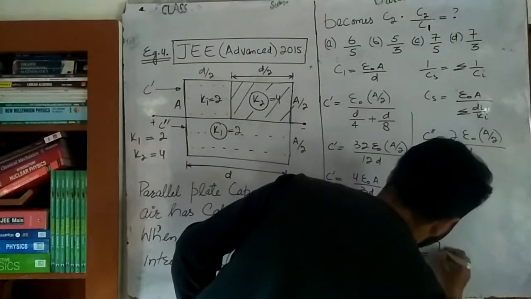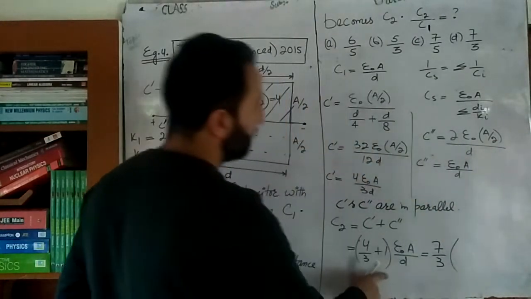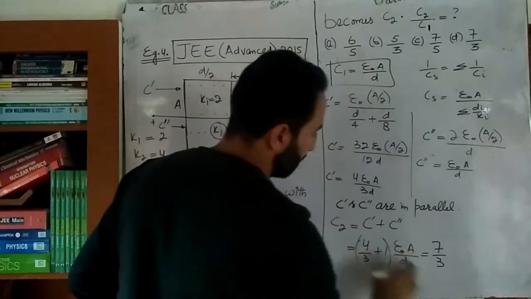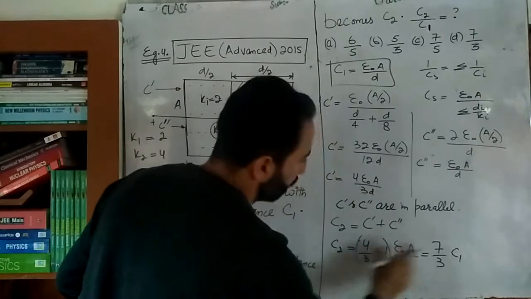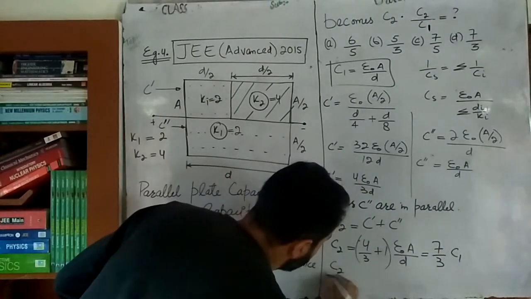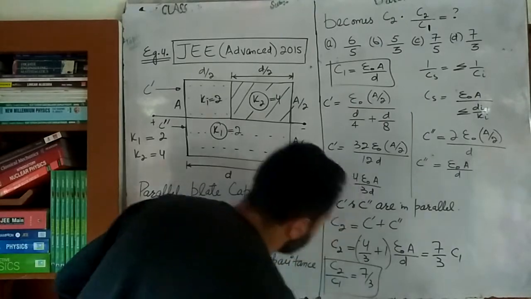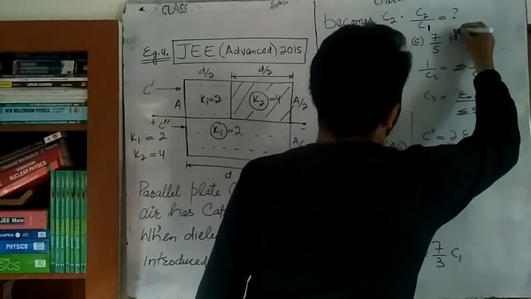So it will be equal to 7 divided by 3 multiplied by epsilon naught A by D, and epsilon naught A by D is this C1. So instead of epsilon naught A by D, I will write down C1. So this is C2. That means obviously C2 by C1 is 7 divided by 3. Correct answer, so option number D. So this one is correct.